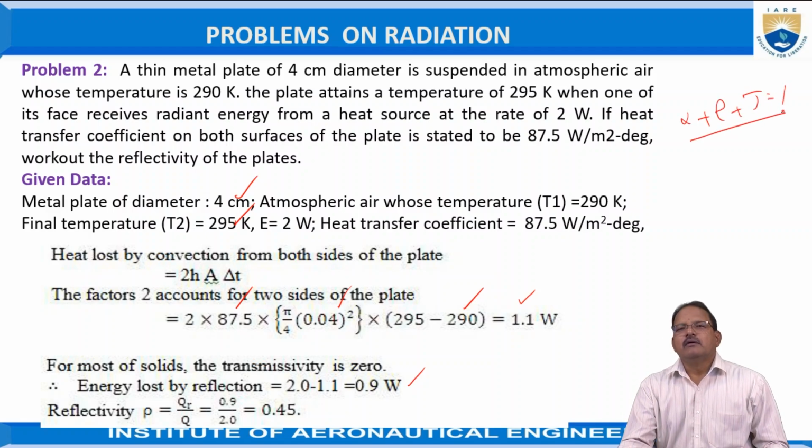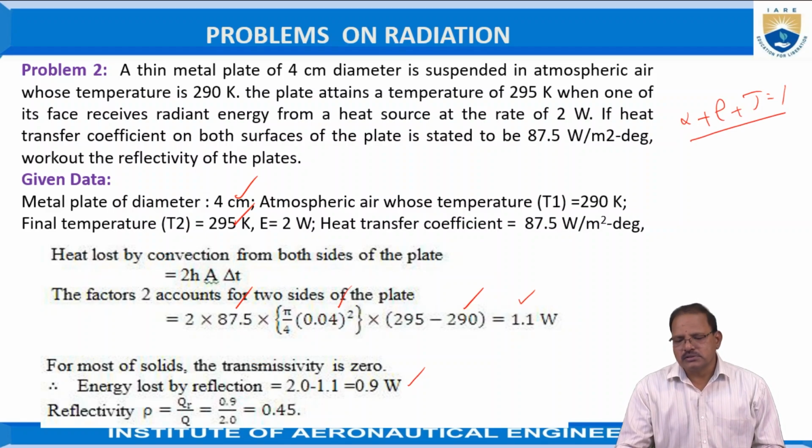Where alpha represents the absorptivity of the given object, rho represents reflectivity, and tau represents transmissivity.